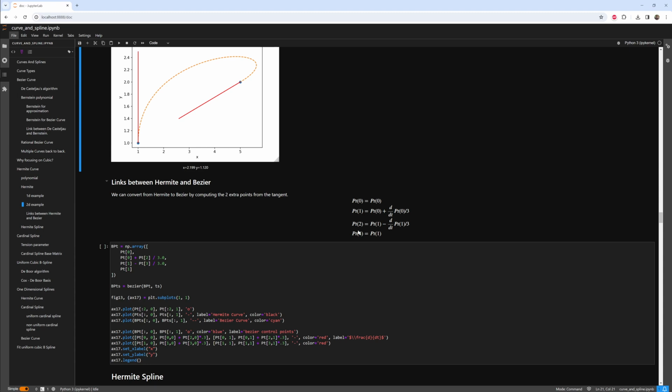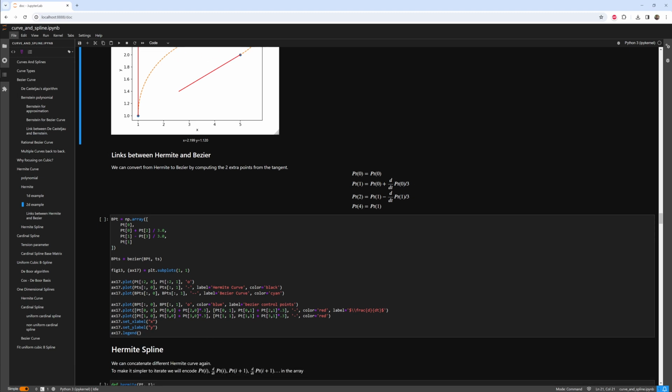To get back the 4 points of the Bezier curve, the only thing you do is that you take the first point as being the first point, the last one as being the last one, and then point 1 of my Bezier curve is point 0 plus a third of the derivative of point 0, and point 2 is point 1 minus a third of the derivative. That divided by 3 will come in logically a bit later when we talk about a few other things, but right now just remember that we divide by 3 to get the right point in this case.